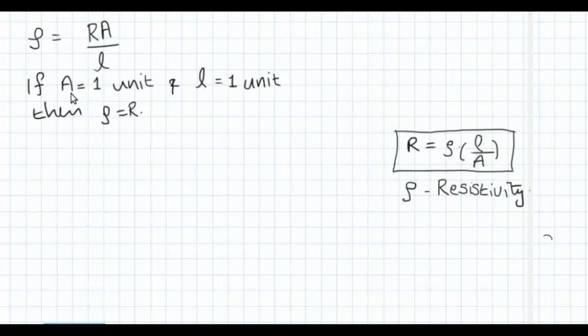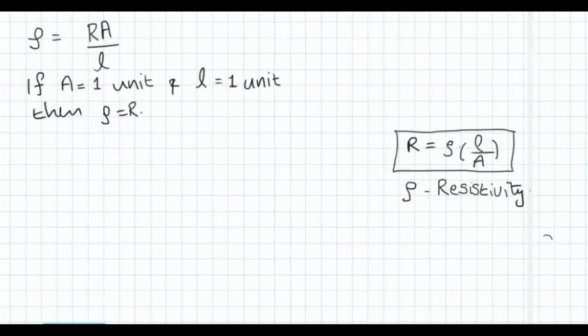Then suppose area A is equal to 1 unit, say 1 meter square, and length is also 1 unit, say 1 meter, in SI units. Then rho is equal to R into 1 by 1, which is R only. That means if A is equal to 1 unit and L is equal to 1 unit, then the resistivity is nothing but the resistance.